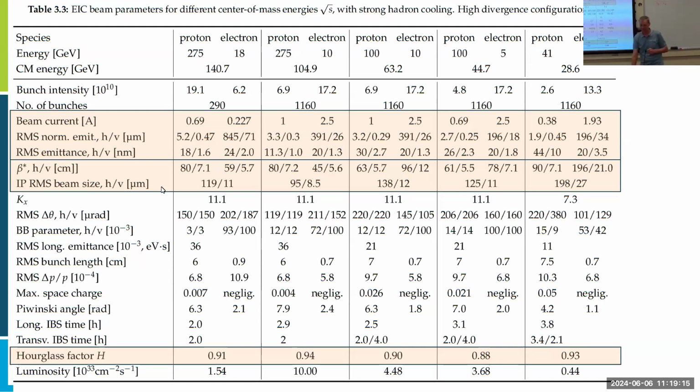There is a table that comes, and in the same way, I'd like for us to talk about a couple of things that I'm highlighting, and eventually at the bottom is the number that is really important. That's the luminosity. Right, 10 to the 34 per centimeter squared per second. What does it mean? What does the luminosity number mean?